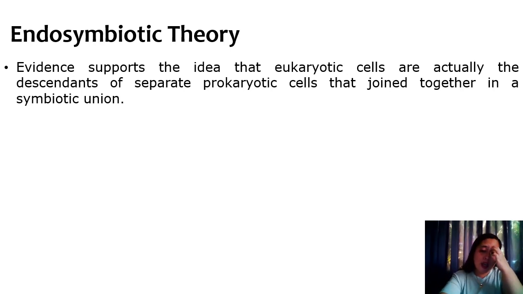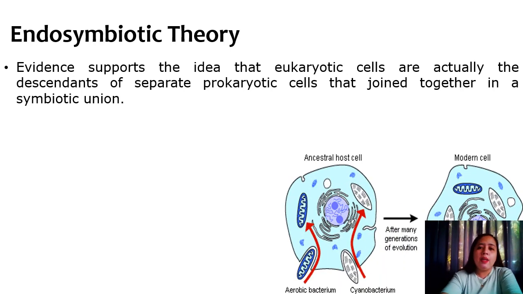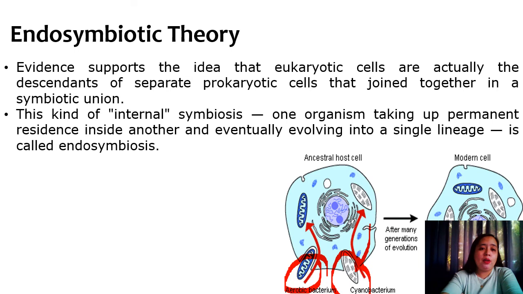So, actually, alam niyo naman na ito mga here, no? You have here your ancestral host cell. Nag-i-engulf siya ngayon ng aerobic bacterium, cyanobacterium, which now give rise to your modern cell right now. Ito yung mga cyanobacterium is your chloroplast, no? And then your aerobic bacterium is your mitochondria, which now leads to a more eukaryotic or itong modern cell na meron tayo.